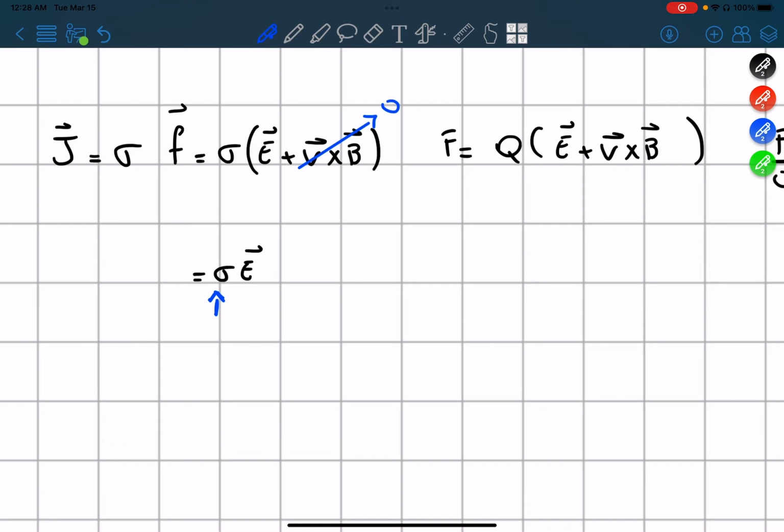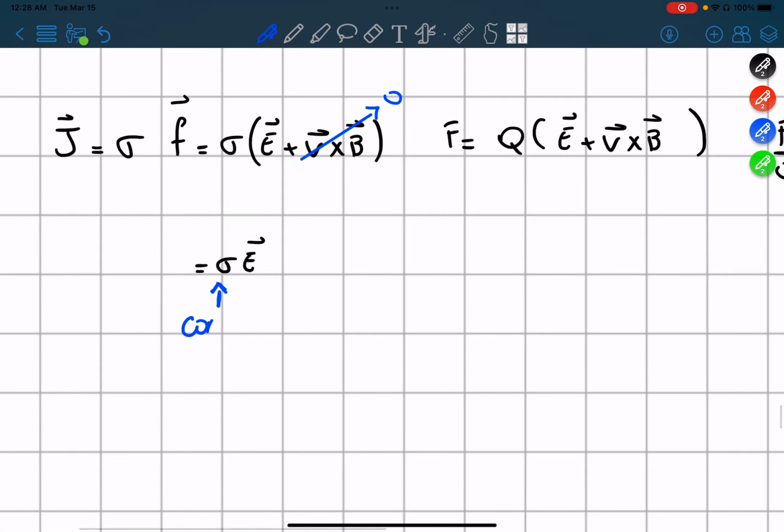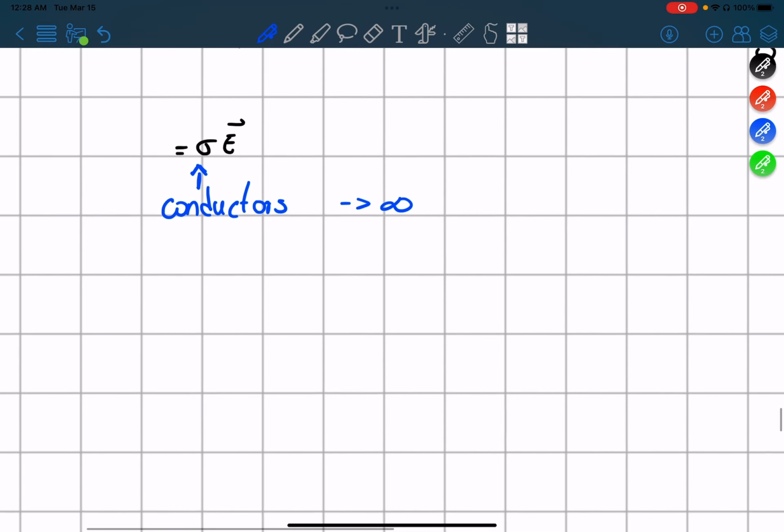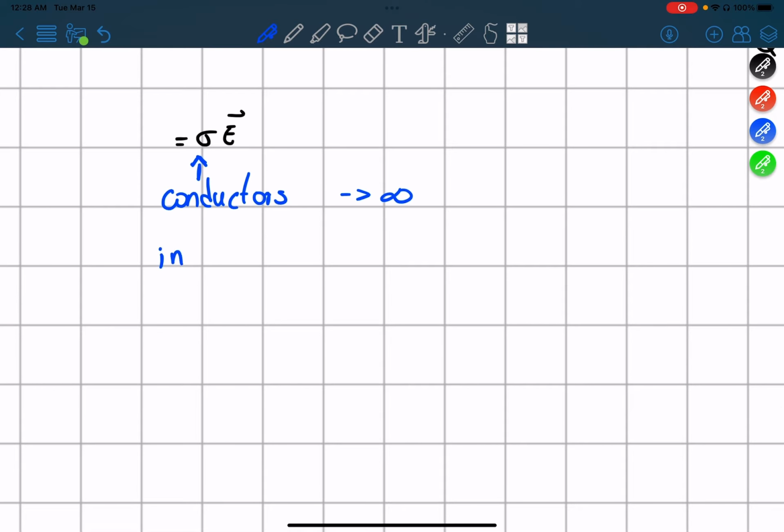Well, for conductors, we can say that our constant approaches infinity, and instead for insulators, now of course these are not realistic measurements, but just for you to understand it better, for insulators it approaches 0. That's pretty easy to realize.